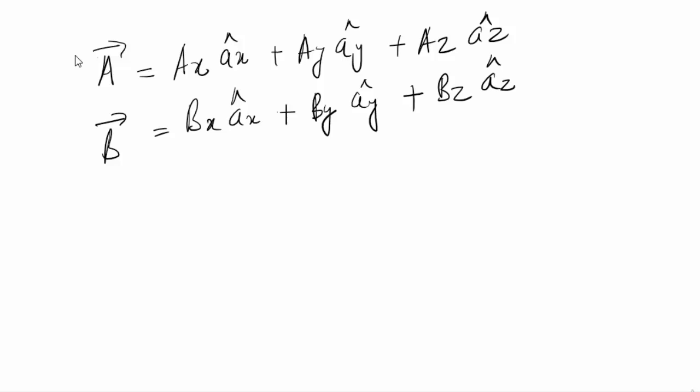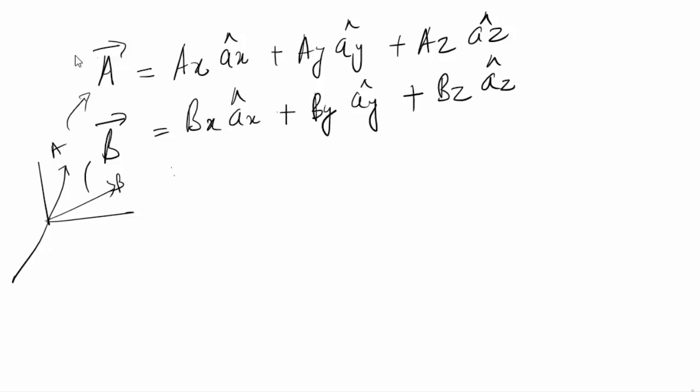So simply, you have a coordinate system with x, y, z, and you have one vector A here and the other vector B here, and each can be represented in this way.